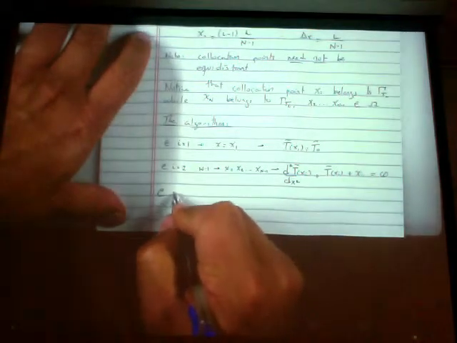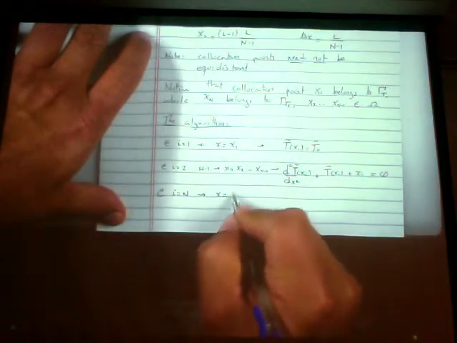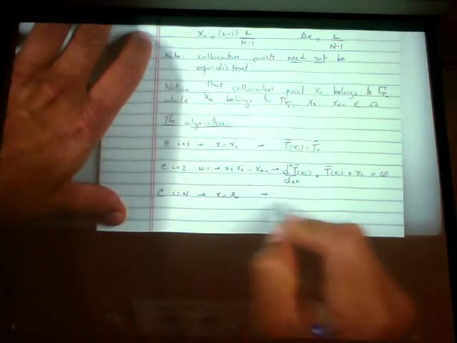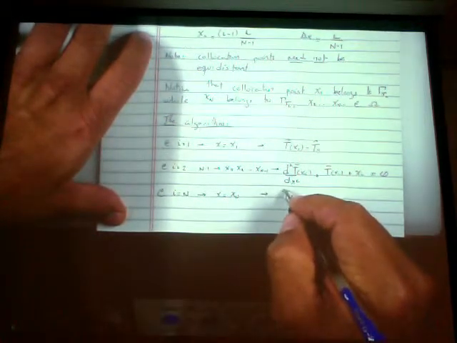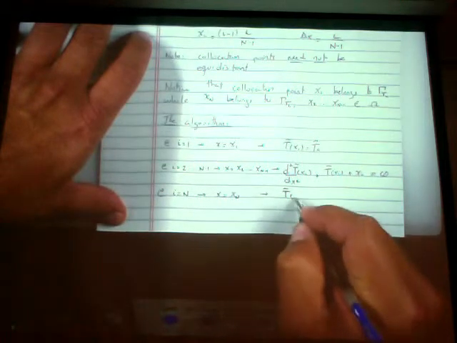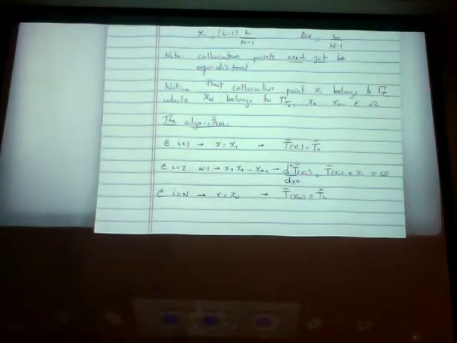And finally, at i equal n, x equals xn, T of xn is equal to the imposed boundary condition on the right.